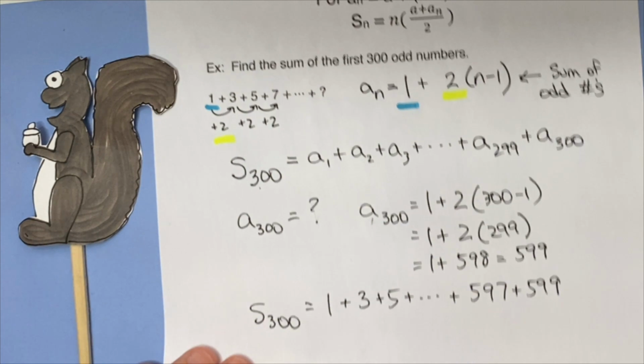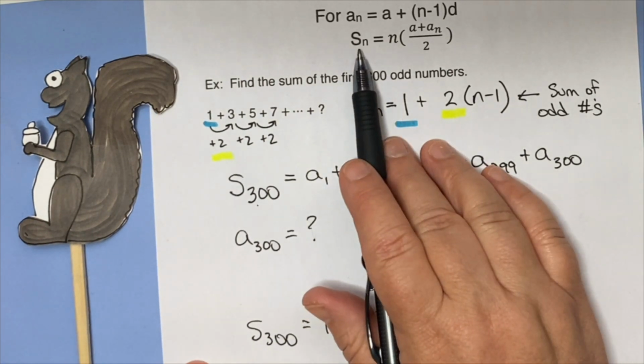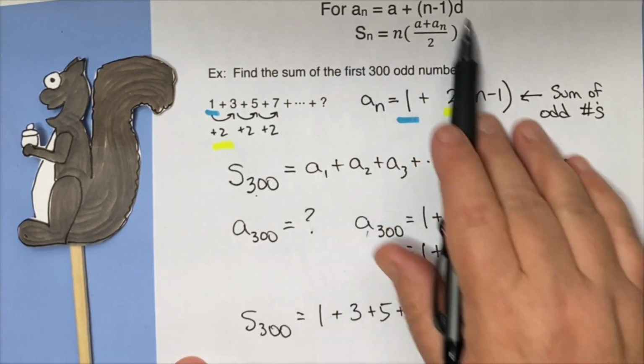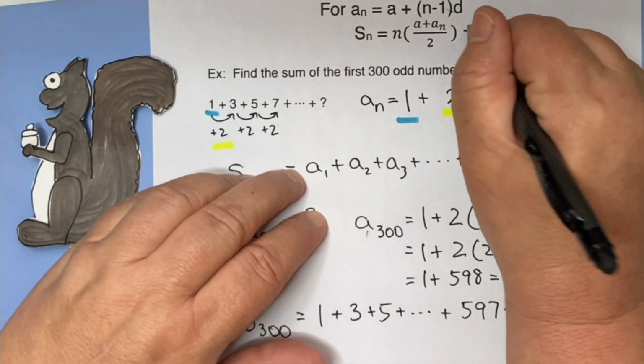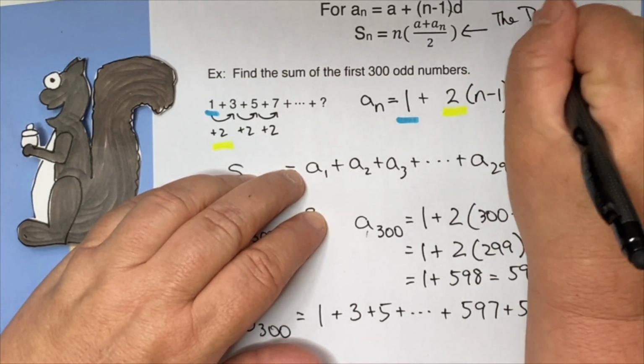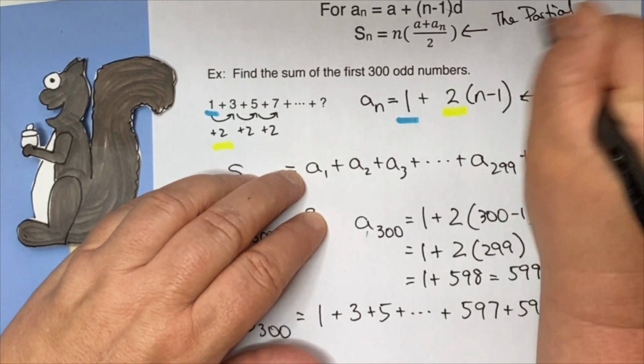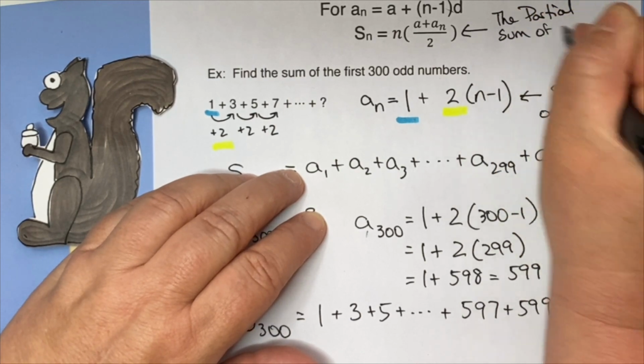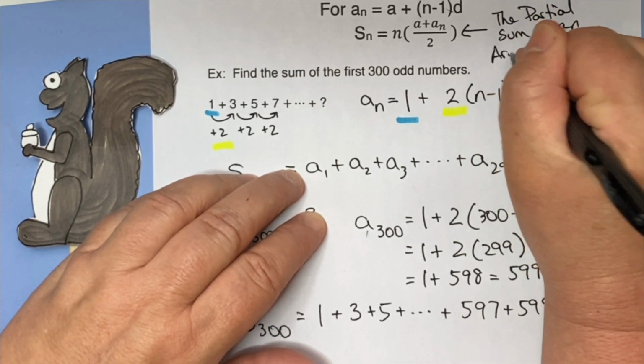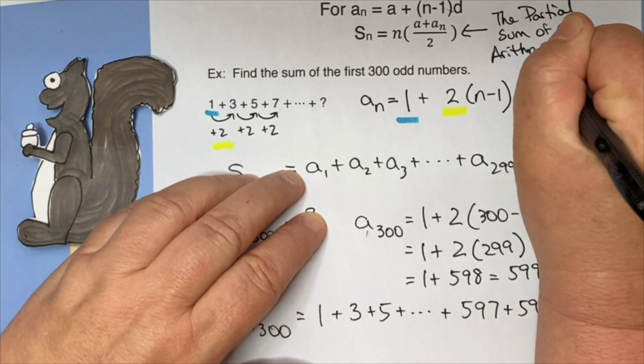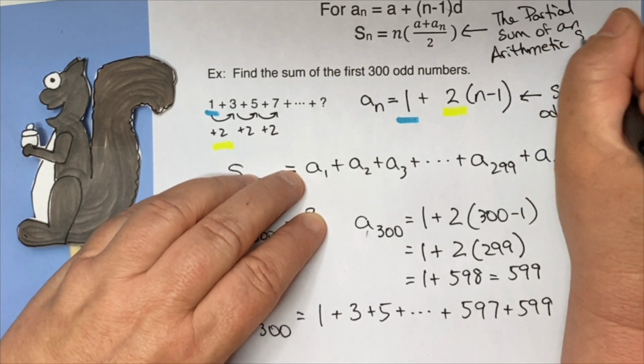What do we need to know? This is the partial sum of an arithmetic sequence.